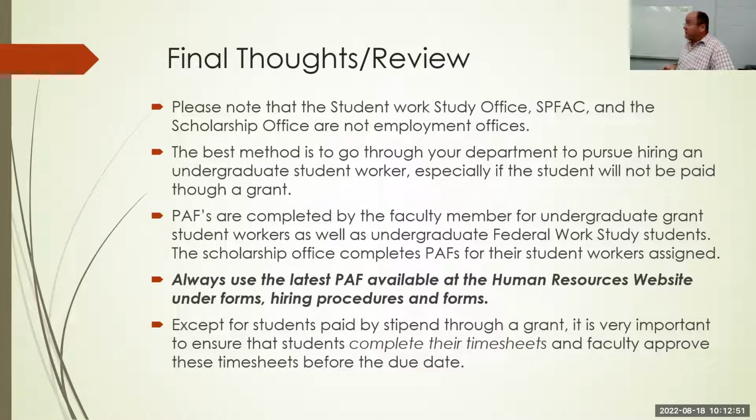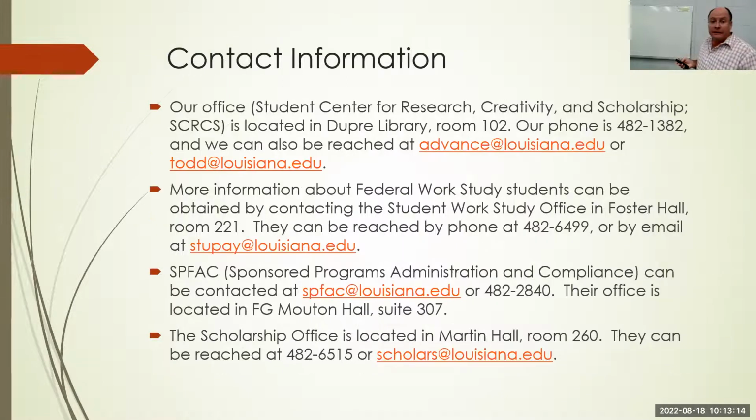If you don't use the right form, they're going to send it back. So just pay special attention to the provisions of the form and using the latest one on the Human Resources website. And finally, as I said earlier, to make things easier on you and the student, make sure timesheets are completed timely. And then you'll avoid some grief that way.